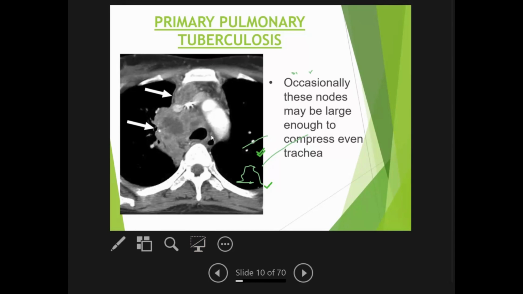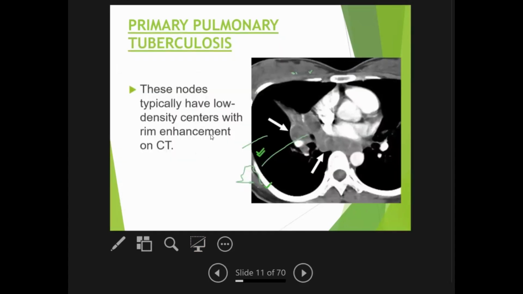They usually have a central lucent area that is due to necrosis and peripheral solid areas. This is the typical pattern of TB lymphadenopathy. That is, you get a central necrosis area with an enhancing ring pattern around it in the peripheral area. So that is the classic pattern of lymphadenopathy.